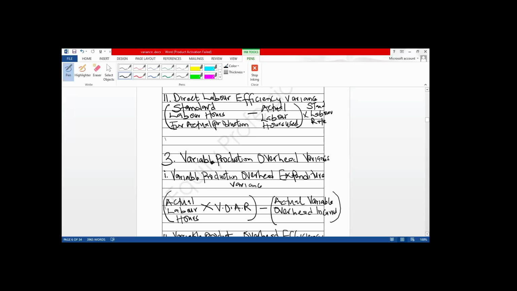This is calculated as, look at the formula, actual labor hours multiplied by overhead absorption rate. Please note, VOAR, variable overhead absorption rate. Then put in brackets minus actual variable overhead incurred.